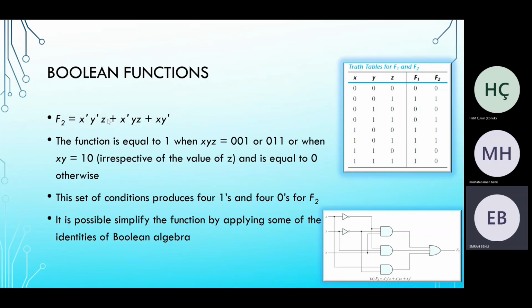So it will be plus. There are 2 more terms coming. So let's find the other terms. In the second case, x prime comes here, and we need y, which comes from before the NOT gate, comes here, y, and we need z directly comes here, and we have x prime, y, and z, and it goes here, plus.